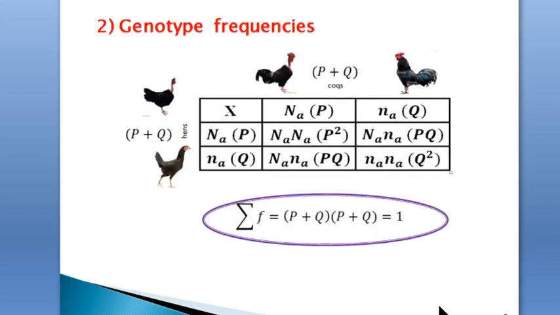Now, secondly, you have to determine the genotype frequencies. To do so, we use the Punnett square, and here we have the p plus q in terms of frequencies of the males, that is the cocks, crossed by the p plus q of all the females, and that will give us the new expression of the equation of Hardy-Weinberg.